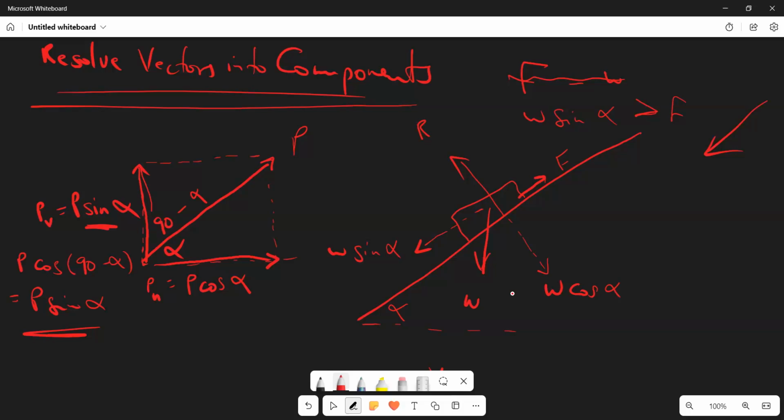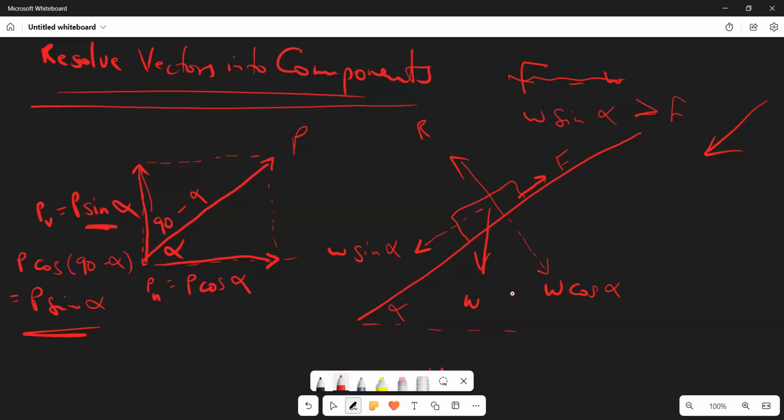inclined plane. So in this case, sometimes you're not going to look at the vertical and the horizontal component, but we're looking at the component of a force that is perpendicular to the inclined plane and parallel to the inclined plane, right? So not always are you resolving a force in the horizontal and vertical components.